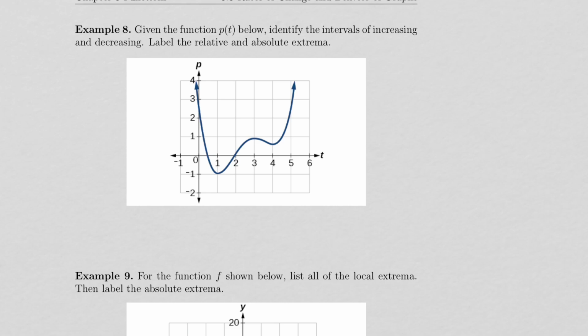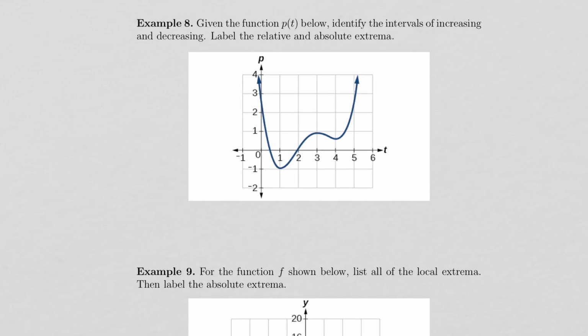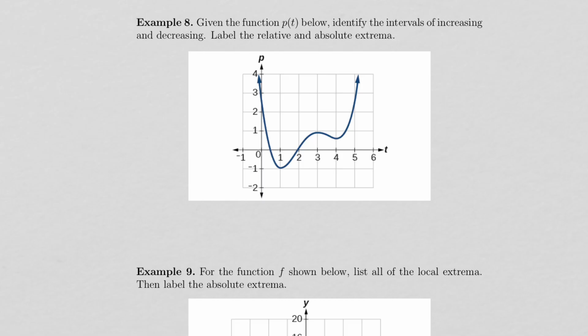Well, it looks like it's decreasing from negative infinity, right? Because this goes on forever like that. So it looks like it's decreasing from negative infinity all the way to 1.